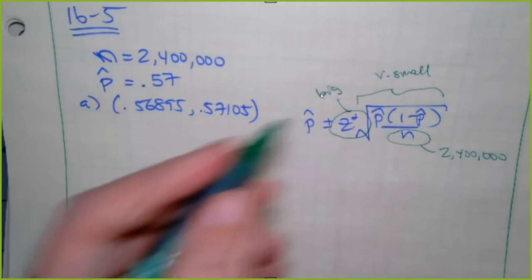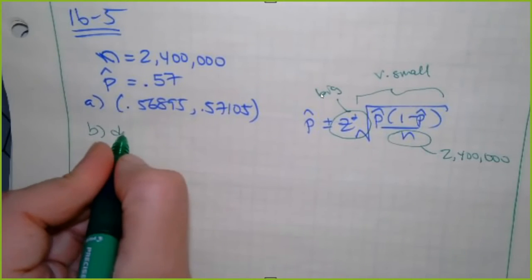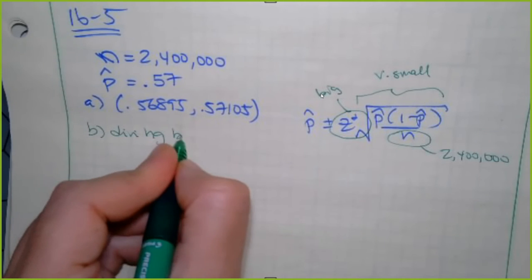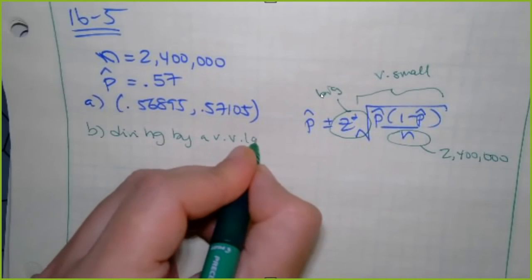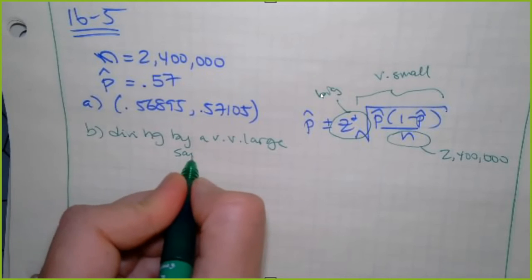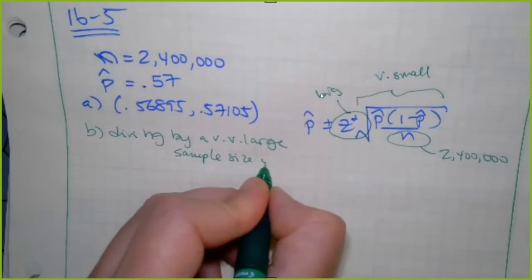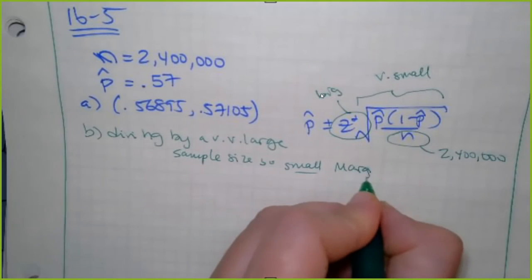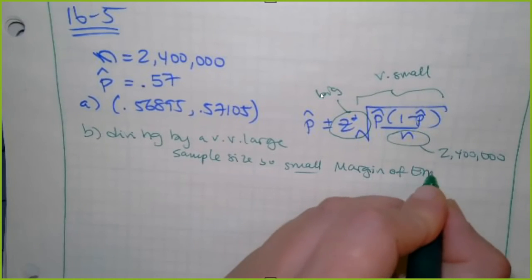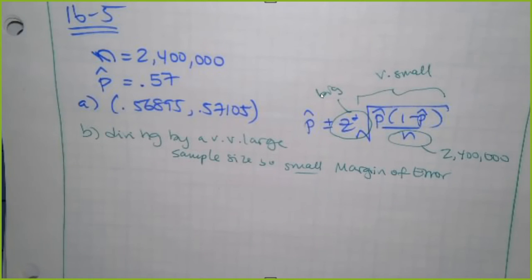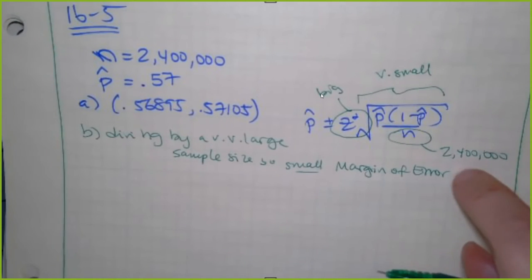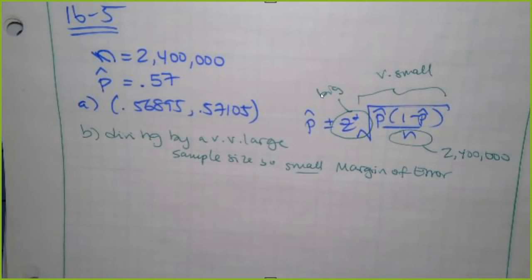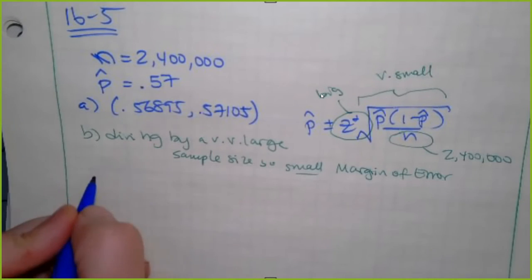So we're going to say for B, you're dividing by a very large number, the sample size. So we have a small margin of error, even though we have a high confidence level, which usually leads to wider intervals, because we have a giant sample size.